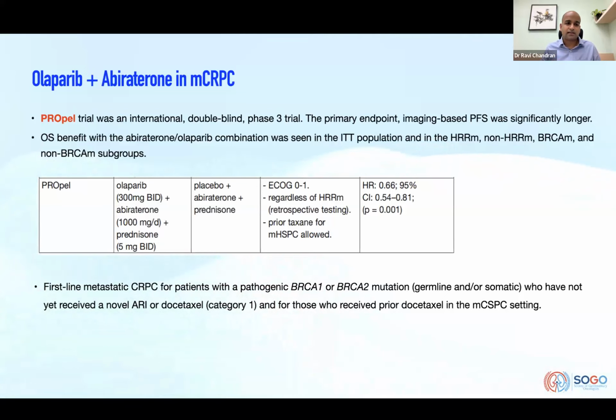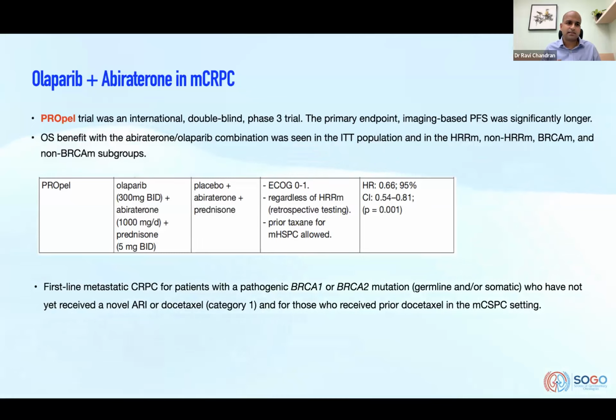And not only that, there was an OS benefit in this combination in the intent-to-treat population, not only in people with HRR mutation or BRCA mutation, even otherwise in non-HRR mutation and non-BRCA mutation subgroups, there was OS benefit.